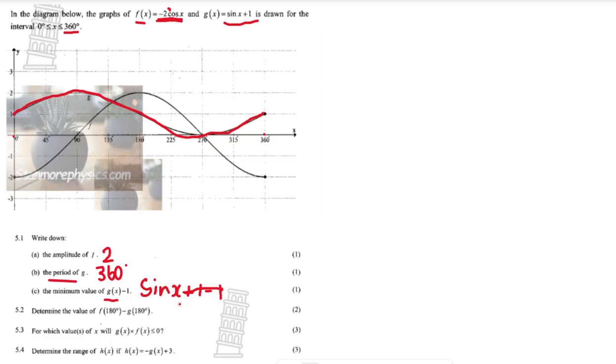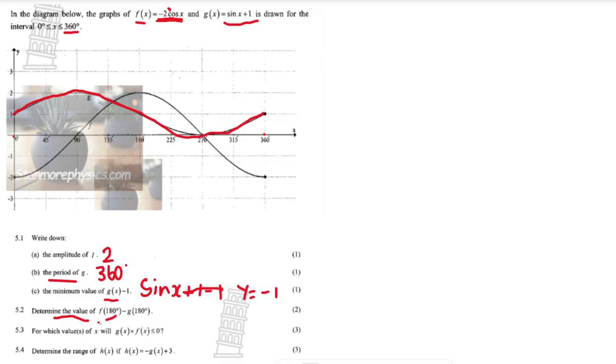If you remember from our mother graph, when we have sine x, it's drawn in the interval of 1 and negative 1. So when you're looking for the minimum value, it will be y equals negative 1.